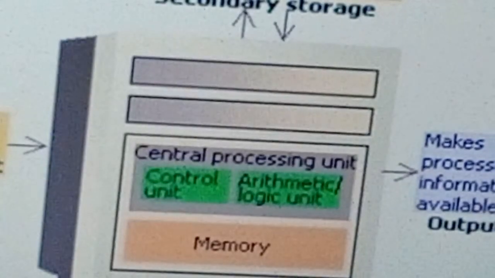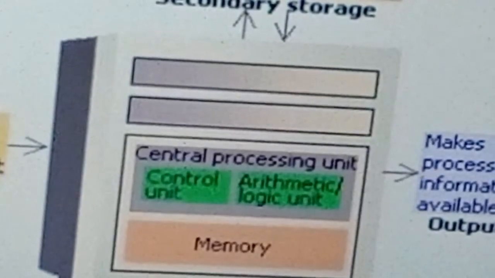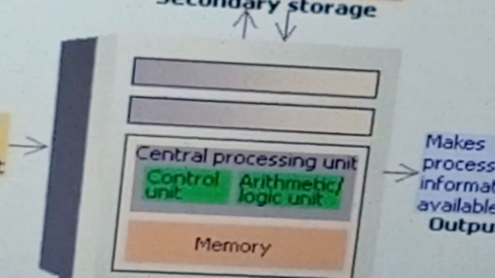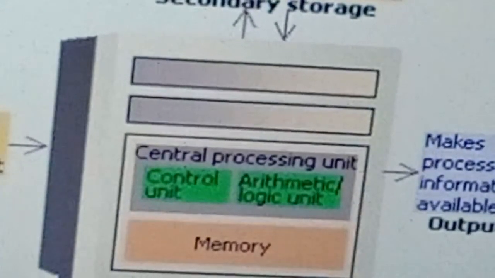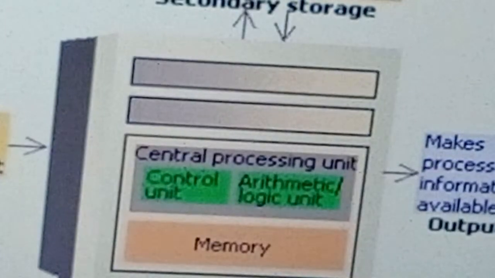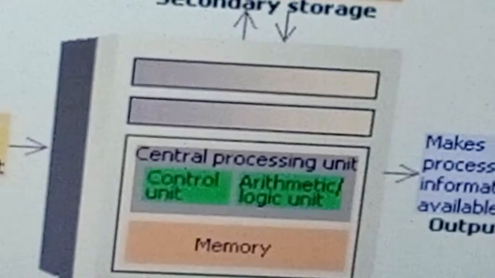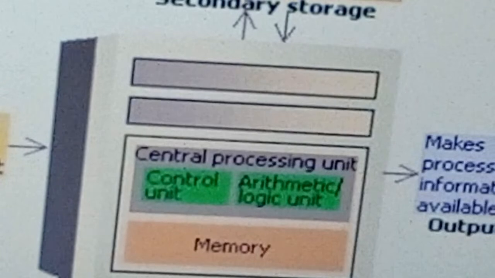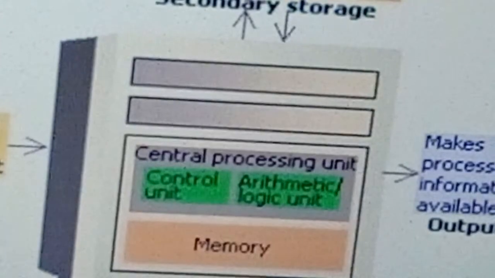We call it primary memory because it is a volatile memory. The data is liable to change or loss in case of power failure. Whereas secondary memory is a permanent storage device.